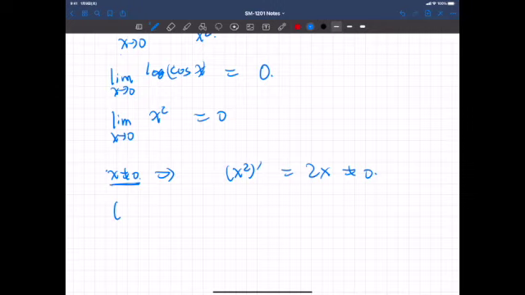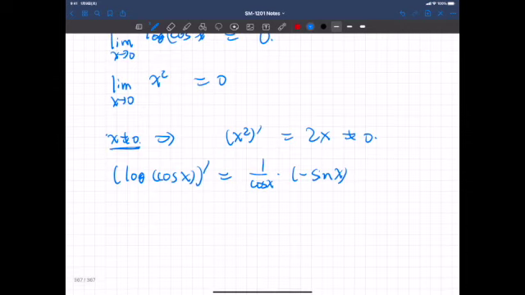So log cos x prime, the derivative of this function using the chain rule, should be 1 over cosine x times negative sine x.